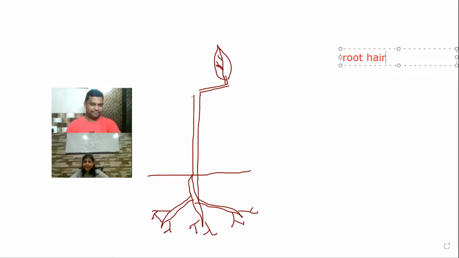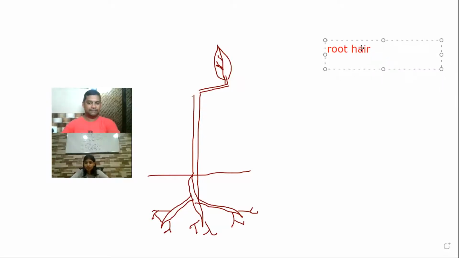When the root hair absorbs the water, it enters the plant system. Then from the root hair, where does it go? Considering it to be a normal dicotyledonous plant, after the root hair it goes inside the root, to the secondary root.